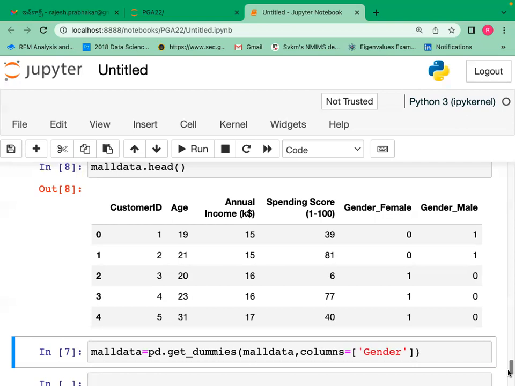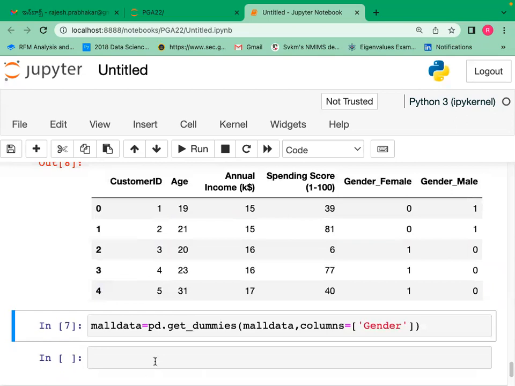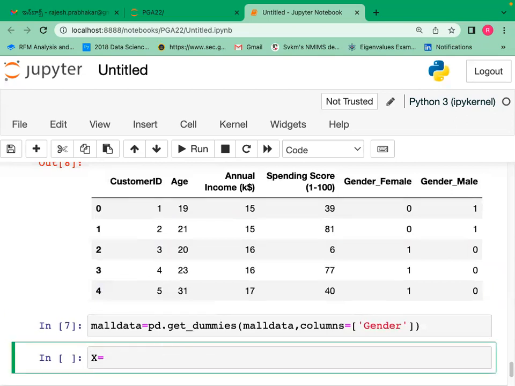Okay. Now, X, what is X here? X is equal to mall data dot drop customer ID, comma, axis is equal to 1.